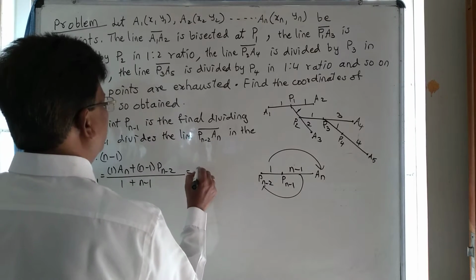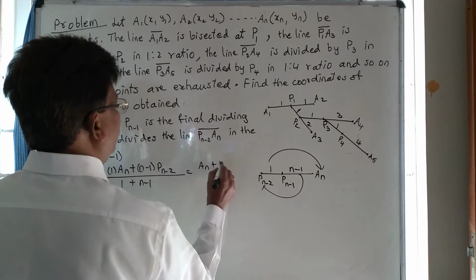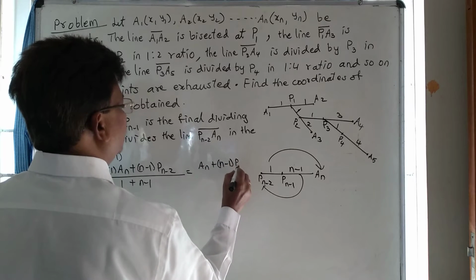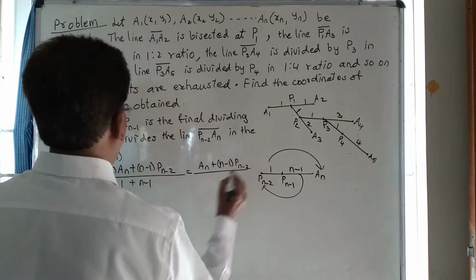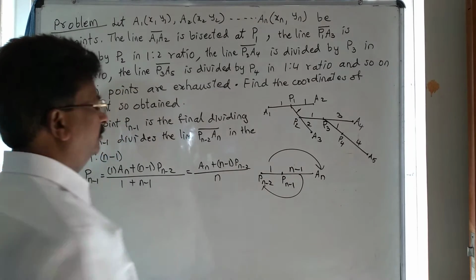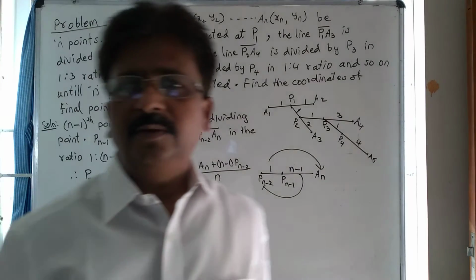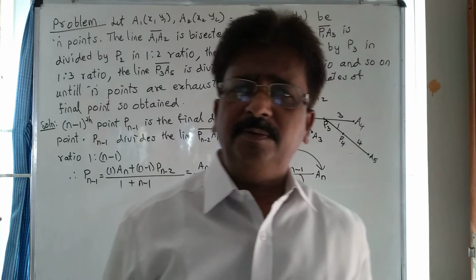So this is equal to An plus n minus 1 into Pn minus 2 divided by n. Okay, we got the coordinates of the final point.